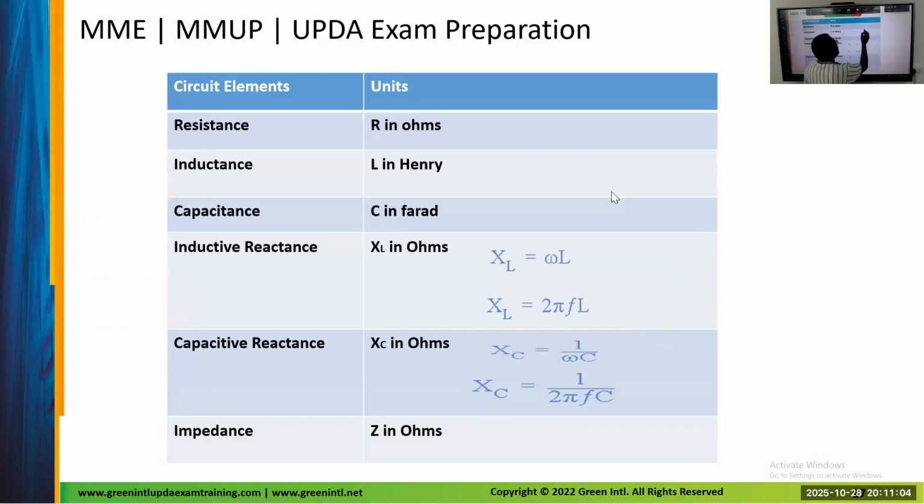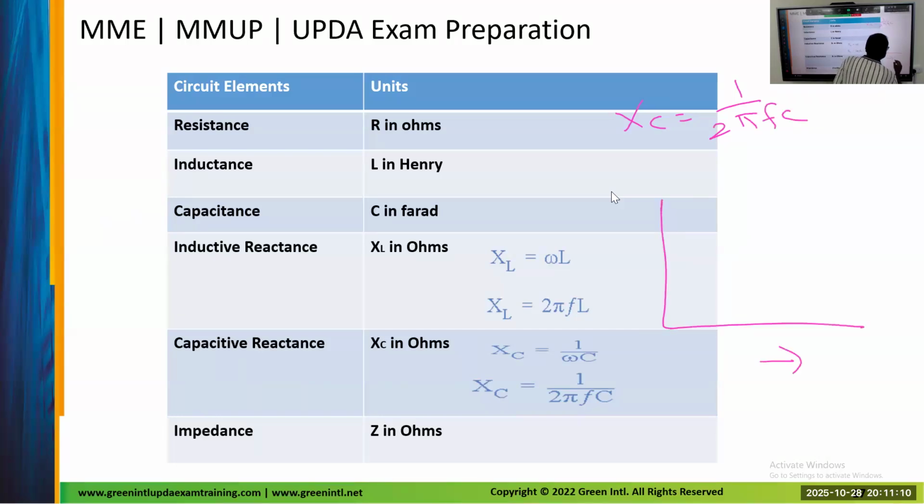And similarly, we write Xc is equal to 1 by 2 pi Fc. So we draw the graph. Because it's just like a 1 by X format.